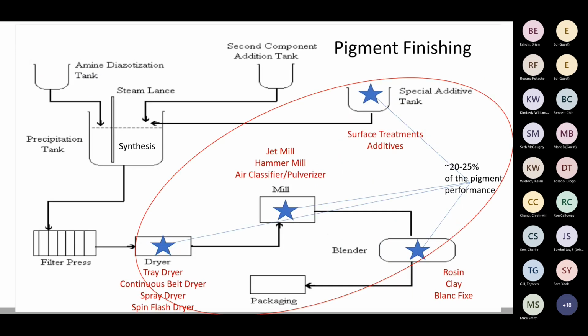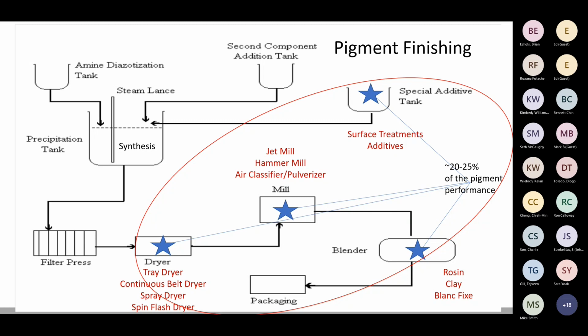As far as finishing techniques, there are 4 places where that finishing can be used and impact the final performance. The first area is in any kind of surface treatments or additives that are used directly after the crystals are synthesized in the reactor.